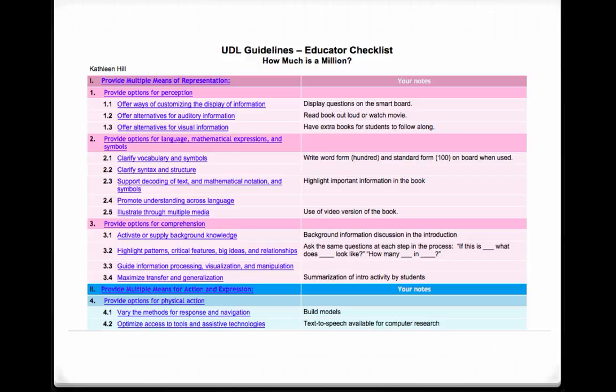Also, not every blank is filled out, and that's okay. If you get this in digital format, you could click on any one of those, and it would link you to information and suggestions for each of those.